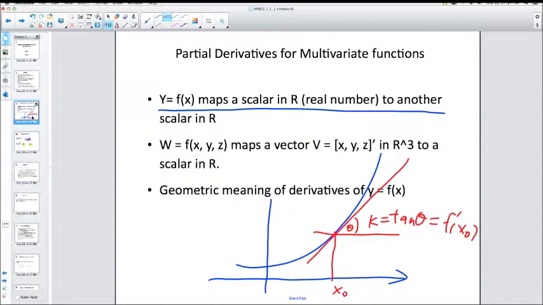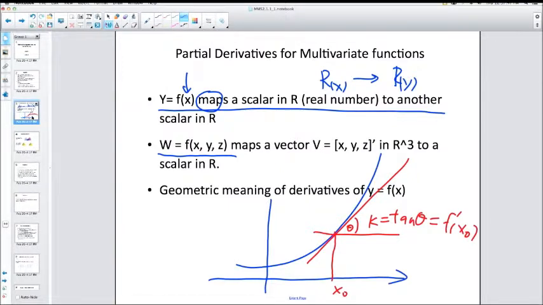We're going to move to the multivariable function. What's the difference? The previous function has only one variable x. We think of this as a map from a real number x to another real number y. It's a 1D to 1D mapping.